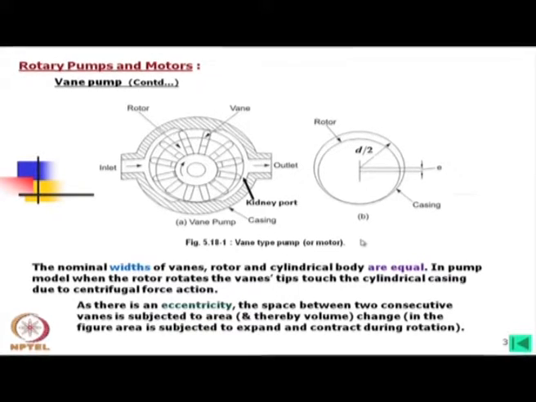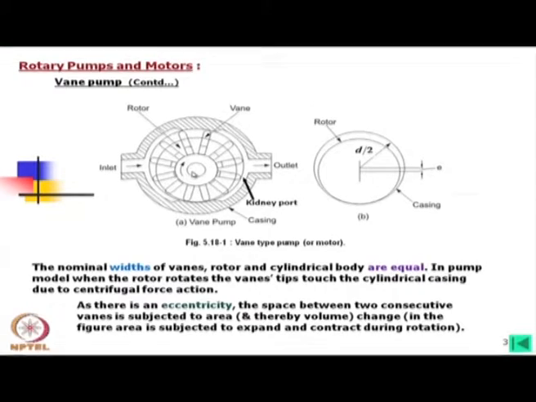I have already discussed that due to this eccentricity there will be variations in volume. If we want to make it variable displacement, what do we have to do?